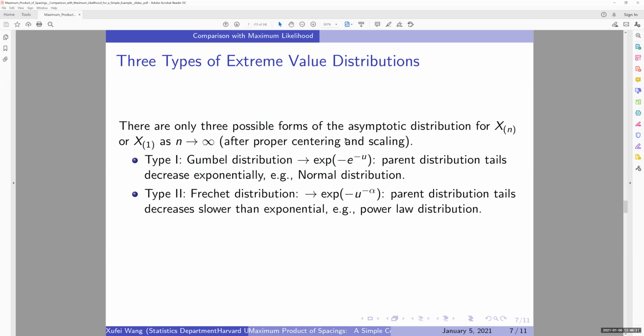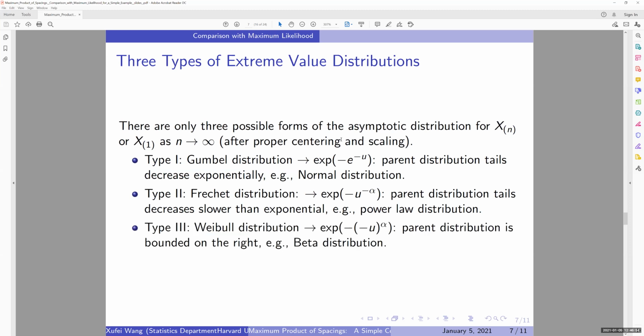The second type is called the Fréchet distribution. This is when the parent distribution's tail decreases more slowly than exponential, like for a Pareto distribution. The asymptotic distribution will look like the exponential to the power of minus u to the minus alpha.